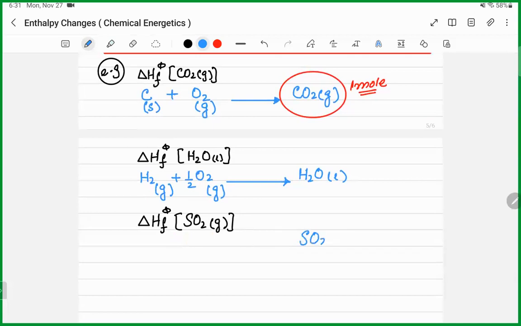Yes, SO2 must be in a gas form made from sulfur plus O2 gas. This equation is already balanced, just write solid with the sulfur. ठीक है? You remember this physical state of sulfur, phosphorus? याद है इन सबकी?